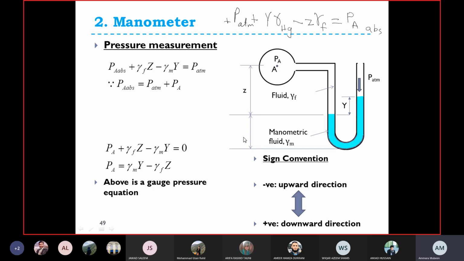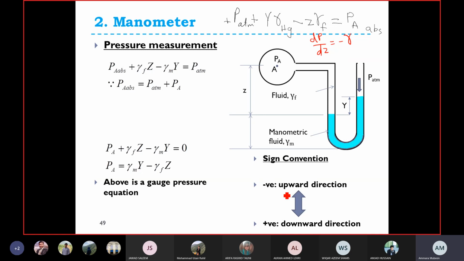The same law is applied here also, which is change in pressure with respect to change in Z is equal to minus gamma. The same law is applied to write the equation, and according to this law, we decide our sign convention.